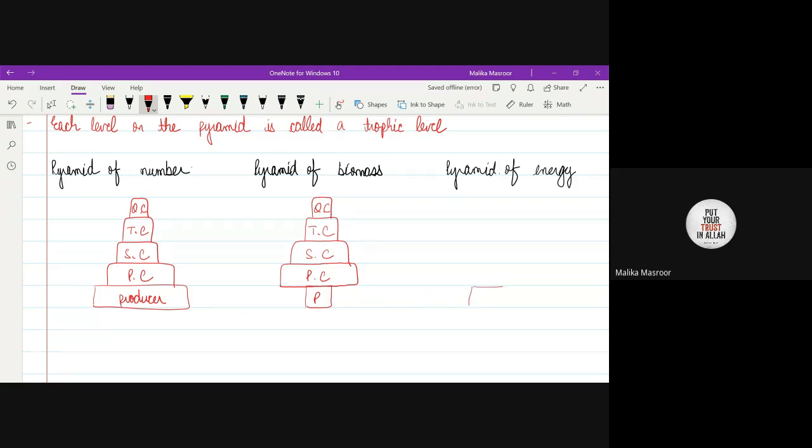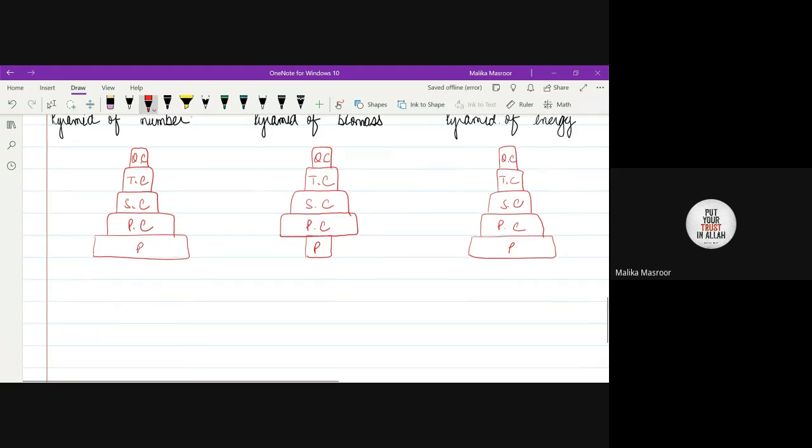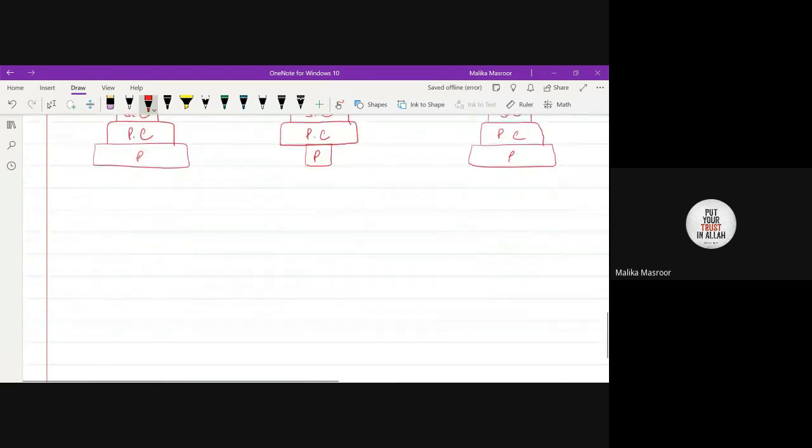Again, lots of energy in the producer, and then primary consumer, secondary consumer, and tertiary consumer. Obviously, as you go up the food chain, your energy will decrease. I hope this is clear. This is the producer. Okay, these are the three types of pyramids.